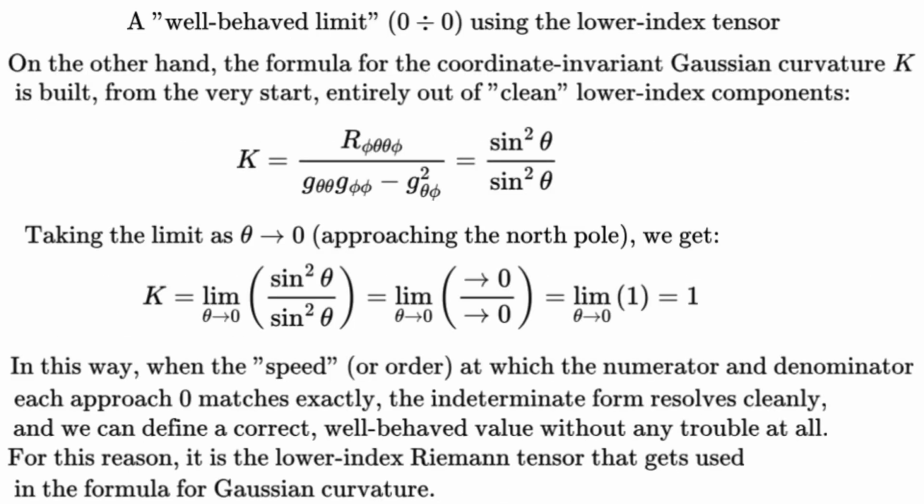A well-behaved limit, 0 divided by 0, using the lower index tensor. On the other hand, the formula for the coordinate invariant Gaussian curvature K is built, from the very start, entirely out of clean lower index components. Taking the limit as theta approaches 0, approaching the North Pole, we get the following.